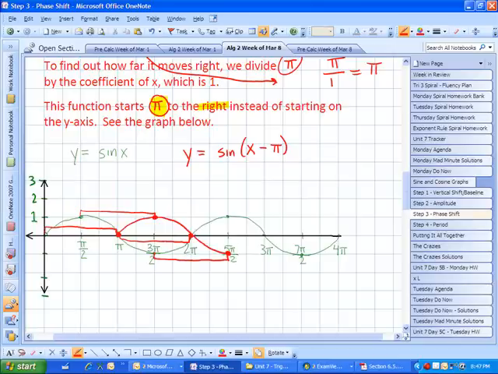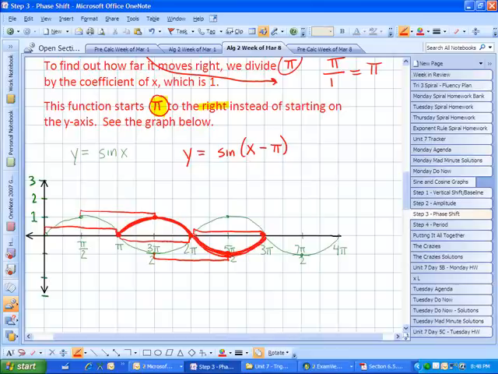And this point here moved pi to the right and ended up right there. So this right here is what our function looks like when it moves pi to the right. Every point moved a whole pi to the right.